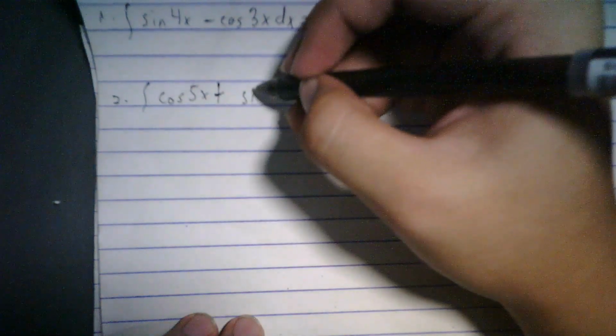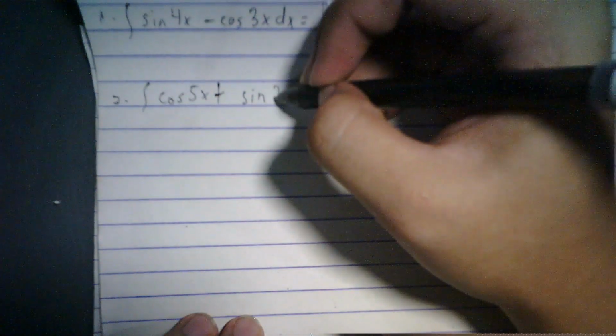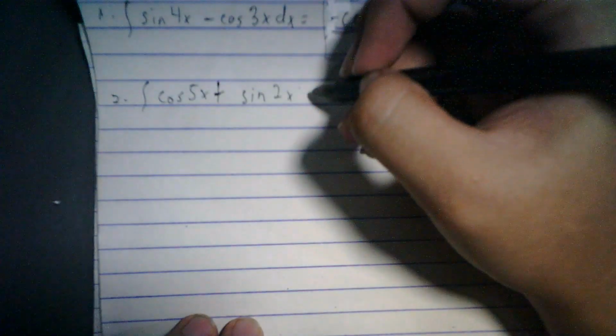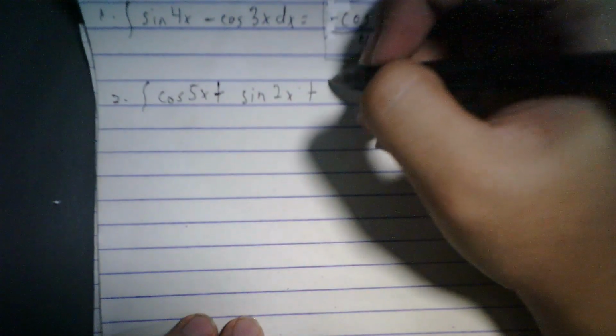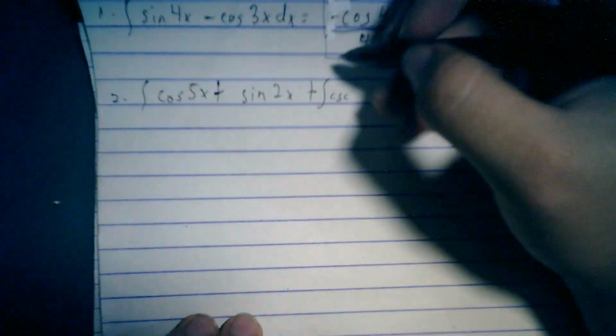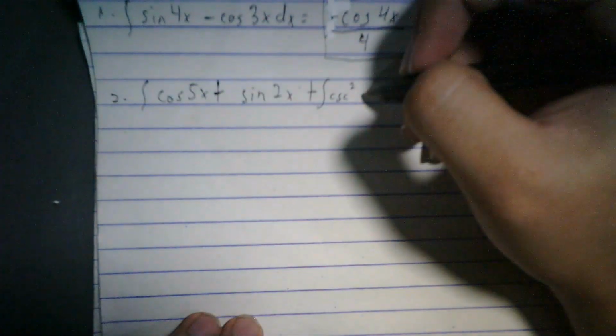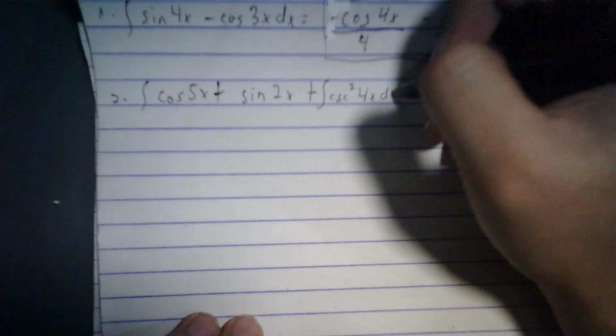Let's proceed to problem number 2. We have the integral of cosine 5x plus sine 2x plus the integral of cosecant squared 4x dx.